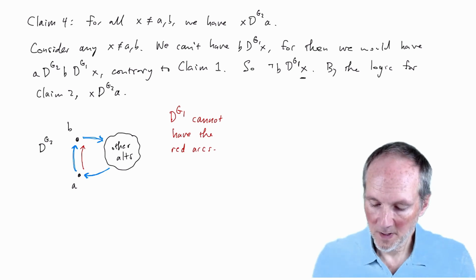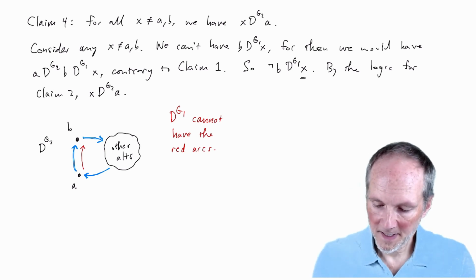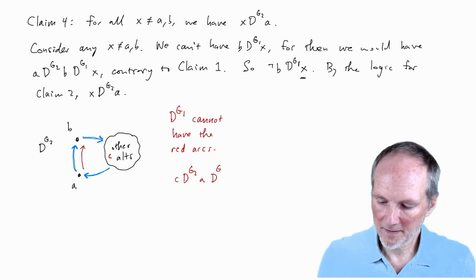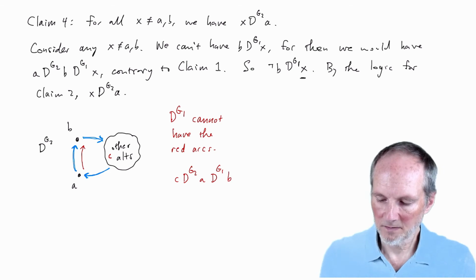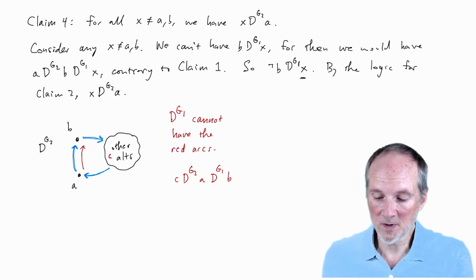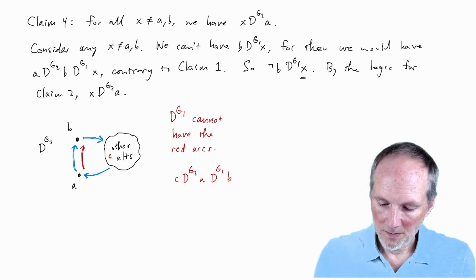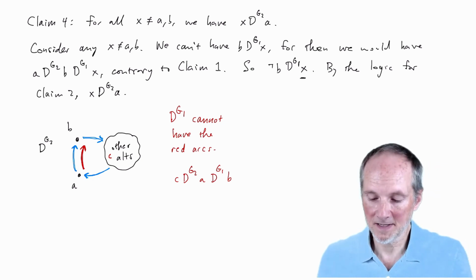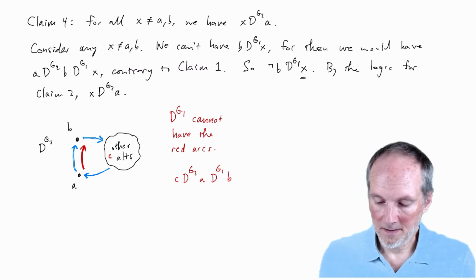Because if we take a third alternative, let's say C, G2 would be decisive for C over A, but then we would have G1 being decisive for A over B, and we'd have this chain of decisiveness that was ruled out in claim 1. So G1 cannot be decisive for A over B. So I'm going to put a red arc there to denote it can't be decisive for A over B.